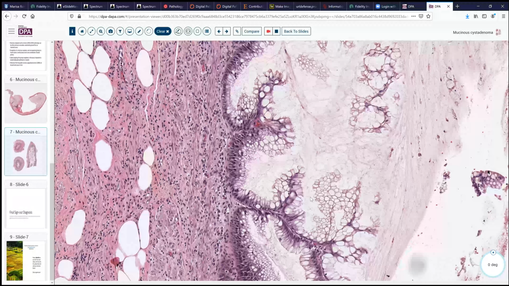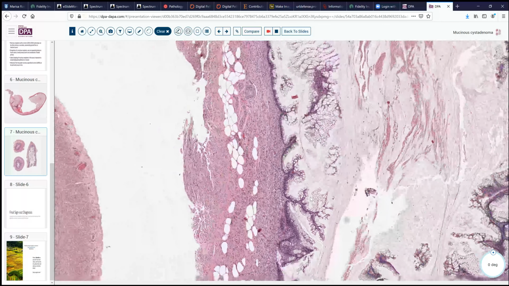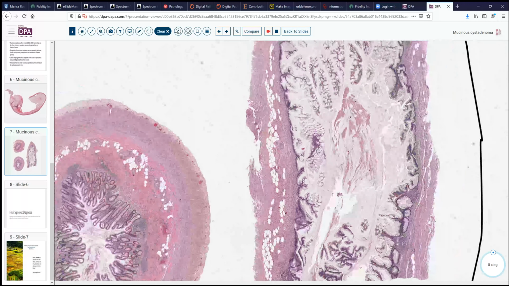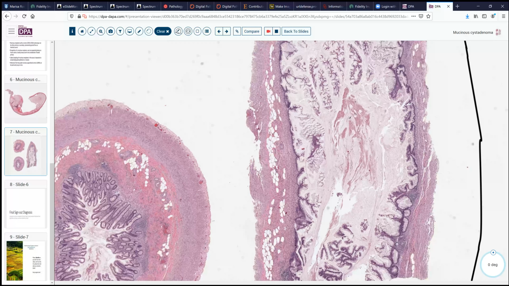These lesions can metastasize and spread without there being always recognizable penetration through the wall. And that is what makes this particularly difficult in the setting of an ovarian tumor at a later date, which could easily be mistaken for this.